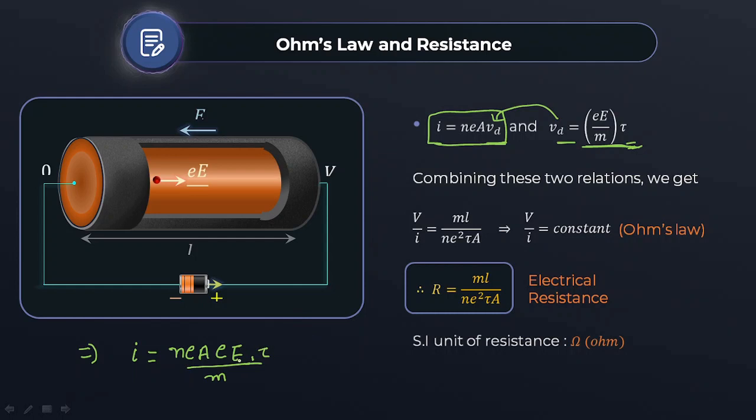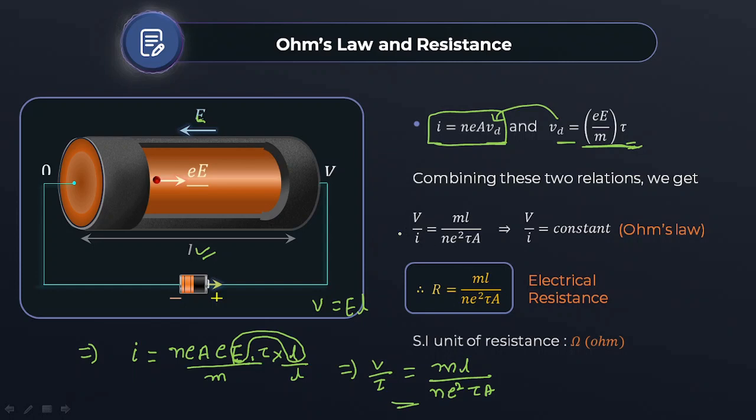Now can I write this E in terms of voltage? I can multiply and divide by L. The total length of this wire we considered L, and electric field is E, so potential will be equal to E dot dr, or EL, right? So this E and L will give us V. If I want to write V by I, we have taken the reverse, so that will be equal to m into L divided by n e square tau into A. Yes or no?